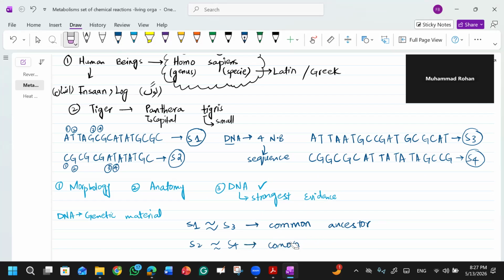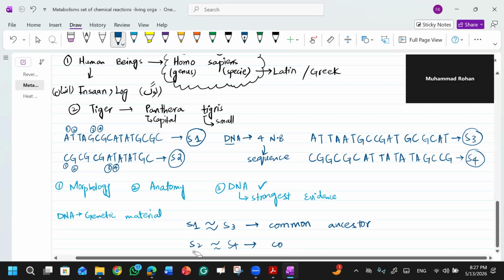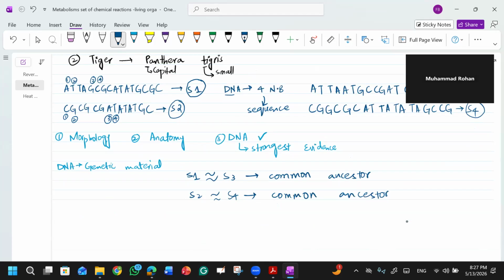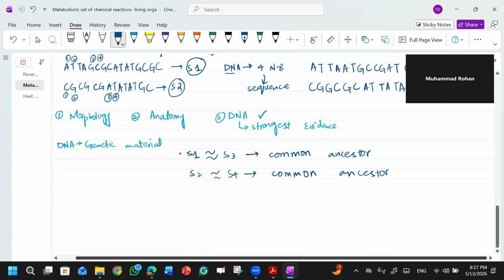But when we talk about S1 and S2, what can we say? Are they different or the same? S1 and S4, or S2, any. They have different ancestors.